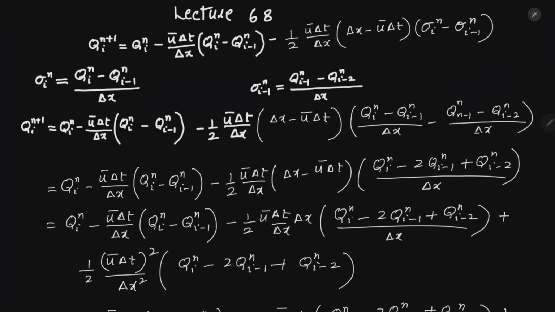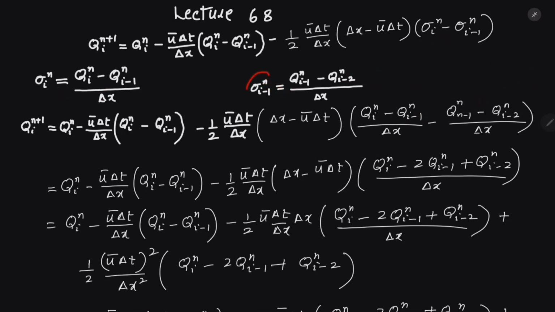So the first thing is, you don't need to memorize it, but you just need to put the value of sigma n_i over here, and then put the value of sigma n_{i-1} over here.